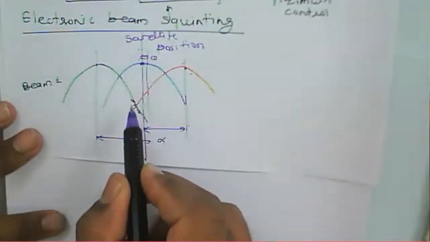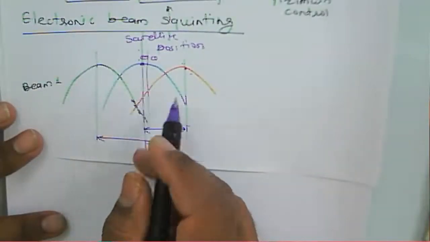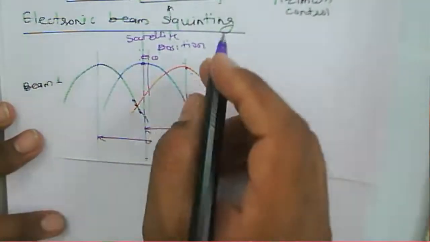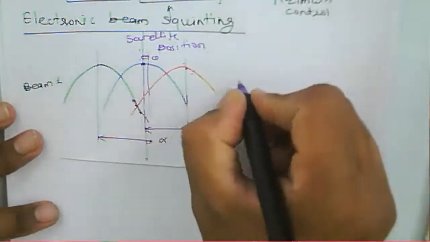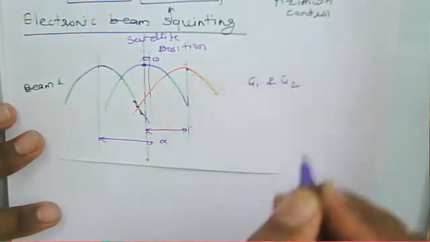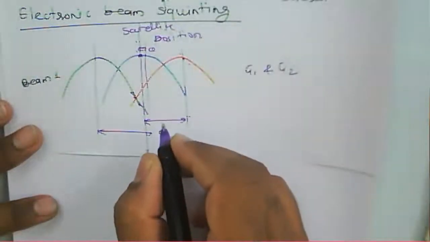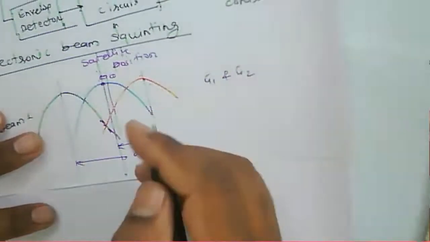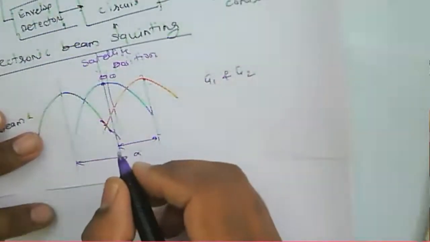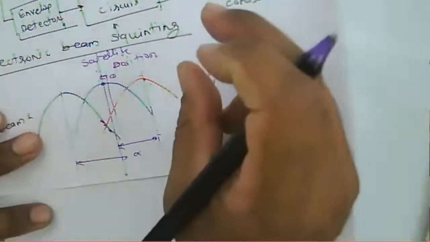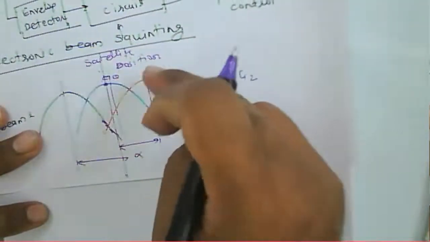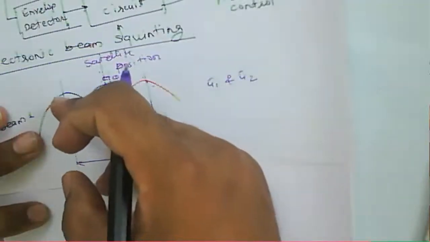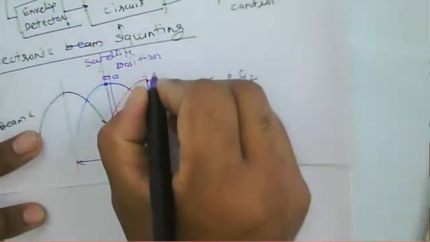The strength of the beacon signal received from the satellite by these two beams will be considered as G1 and G2 for the two different beams. Then in that case, we can find out what will be the signal loss at an angle theta away from the boresight.